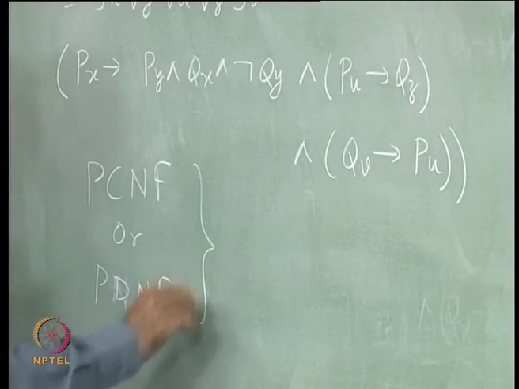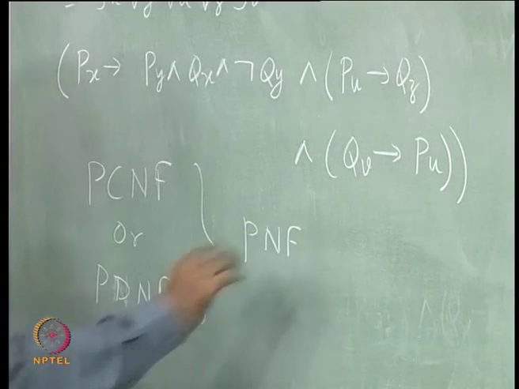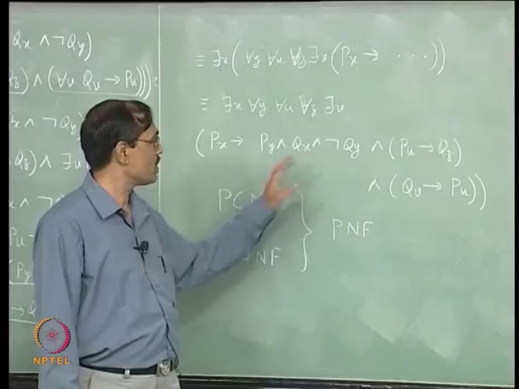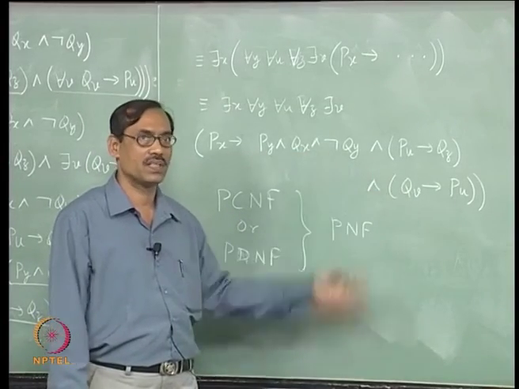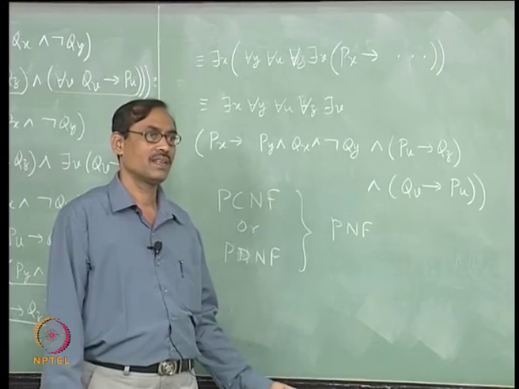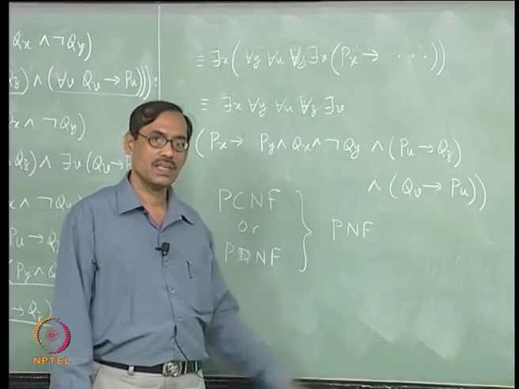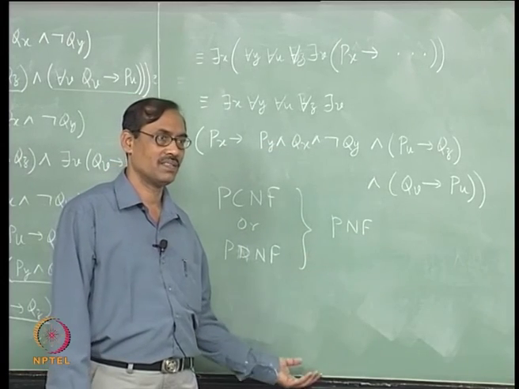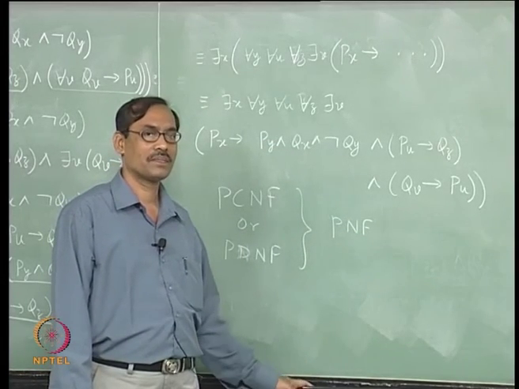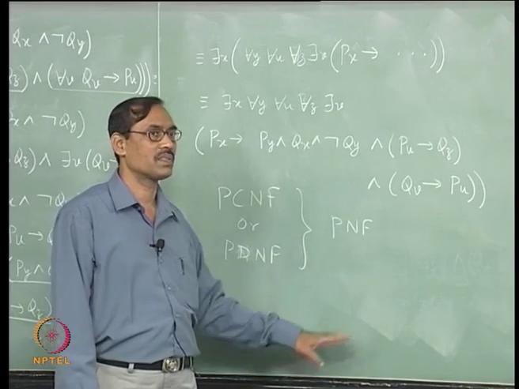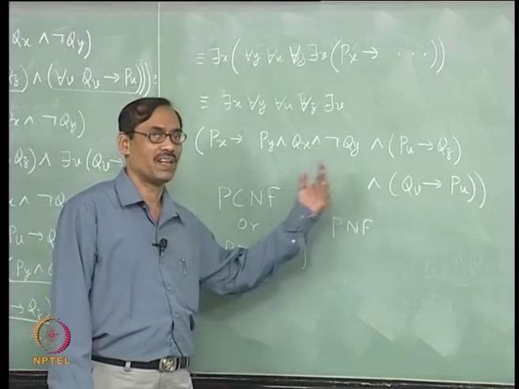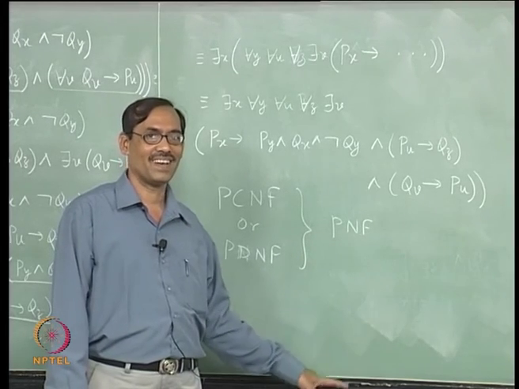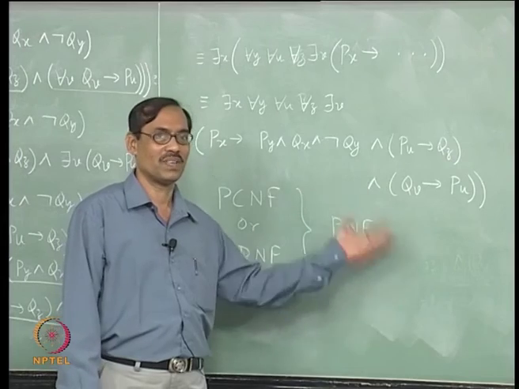So, both are combinedly called PNF, Prenex normal forms. This is the Prenex form. Once you convert it to either CNF or DNF, it is called Prenex normal form. If the matrix is in CNF, you say it is PCNF. If the matrix is in DNF, you say it is PDNF, right. We will not use these normal forms very frequently, because we have something better. After this we will be doing, where we will be using these normal forms again, but after doing something we will be converting to normal forms.